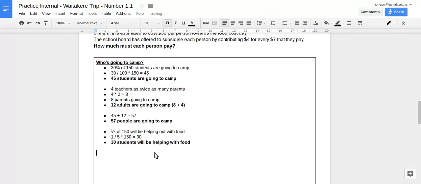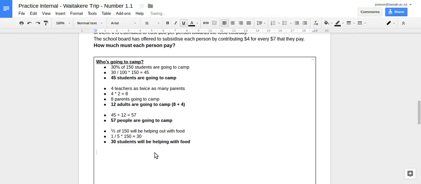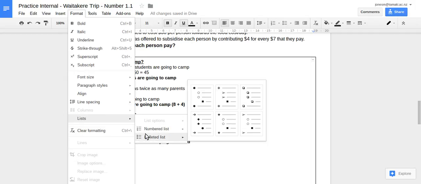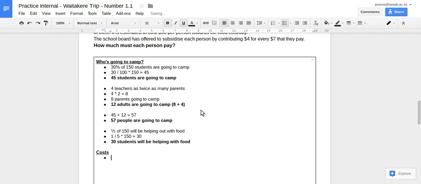Alright, now the next section we are going to call costs. One of the first costs we've got is accommodation. Each adult costs $15 for the night.